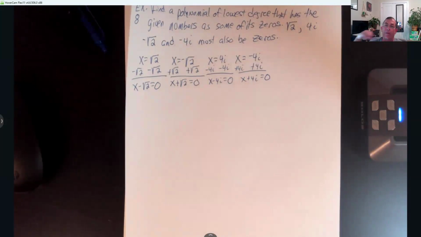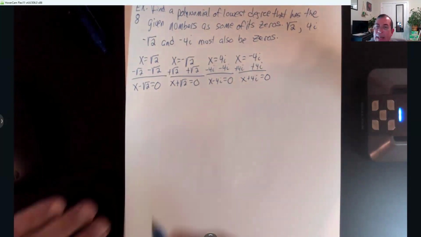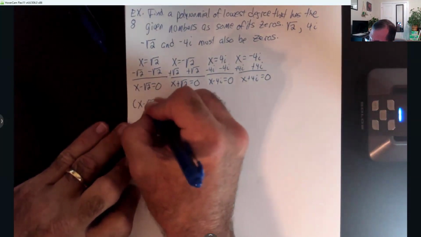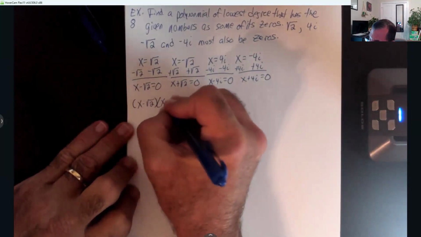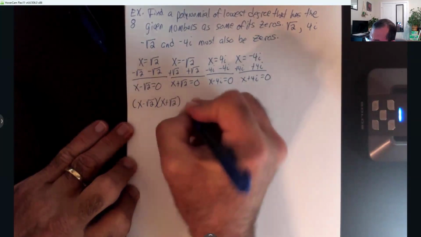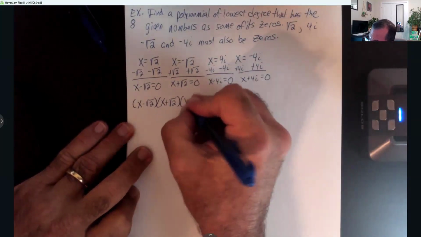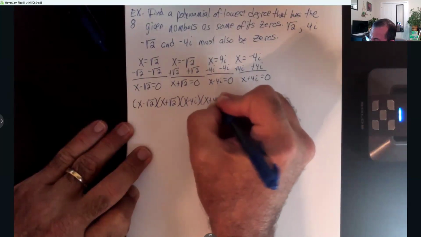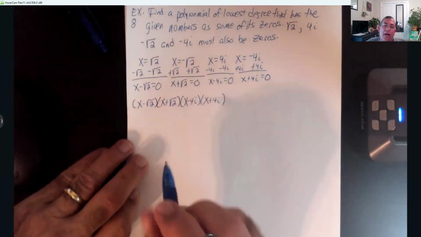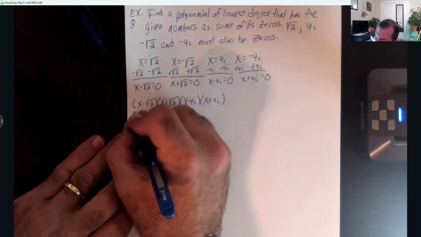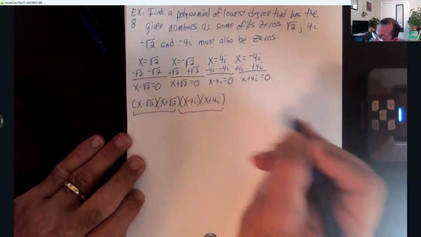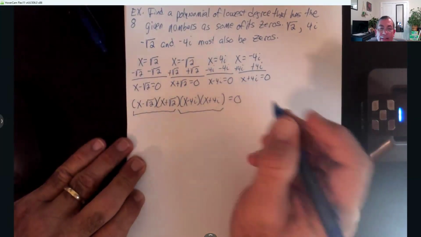Alrighty, so now we're going to throw them in parentheses and start foiling. And y'all, what's nice on these? I'm going to work these two and work these two at the same time.